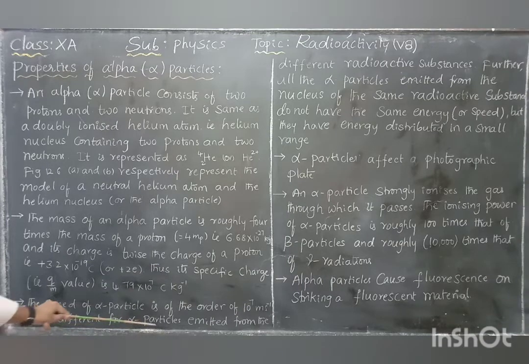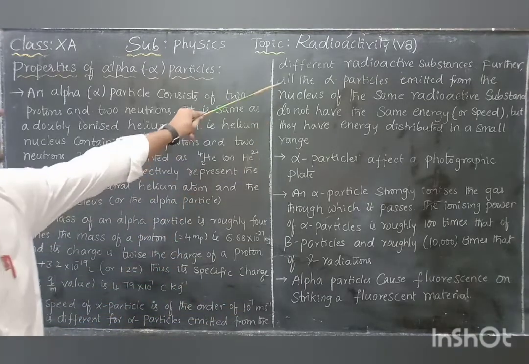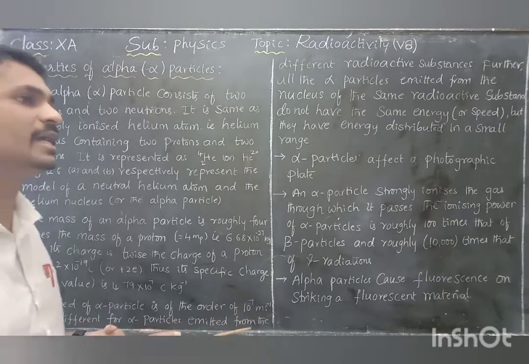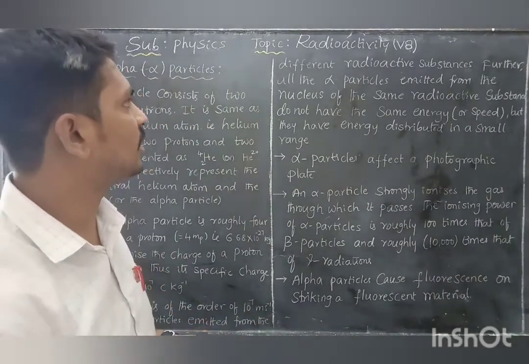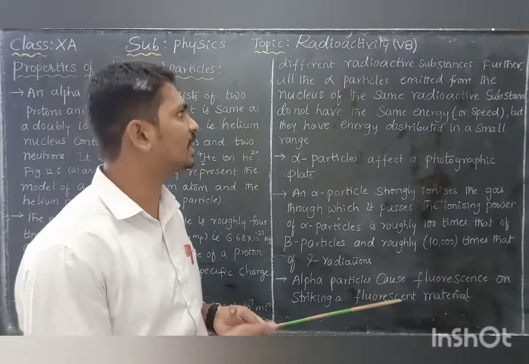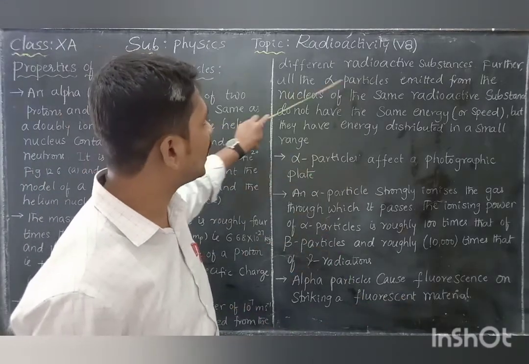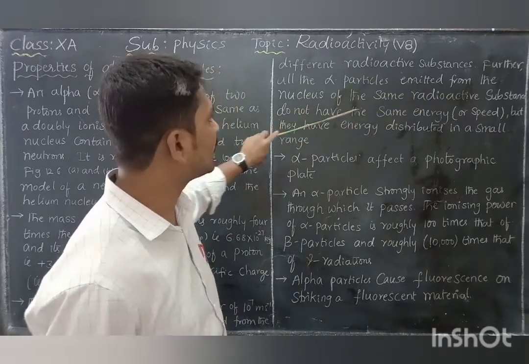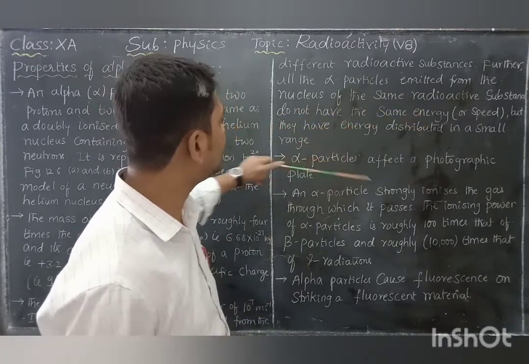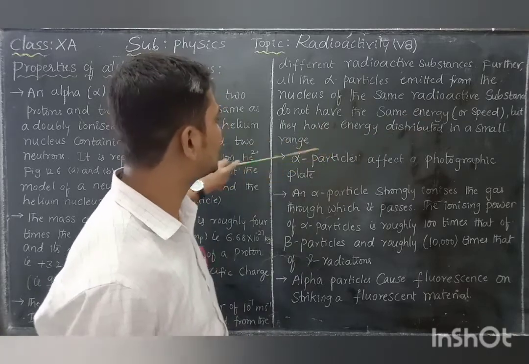It is different for alpha particles emitted from different radioactive substances. Alpha particle speed is not the same for all radioactive substances. Further, all the alpha particles emitted from the nucleus of the same radioactive substance do not have the same energy or speed, but they have the energy distributed in a small range.